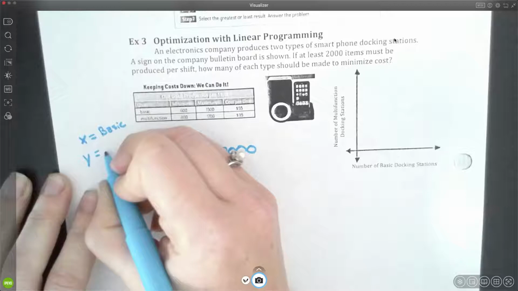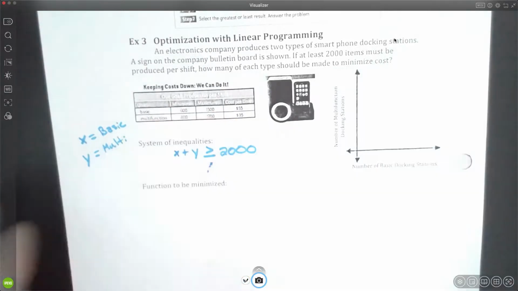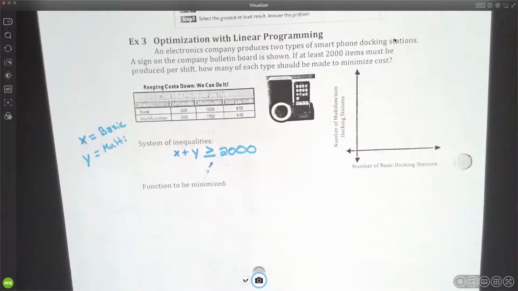He's the snazzy one. Now, the basic, I'm guessing, is going to cost less. The minimum number of basic that I can produce is how many? 600.